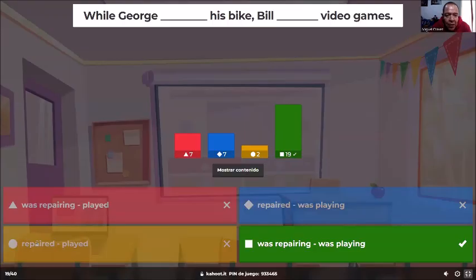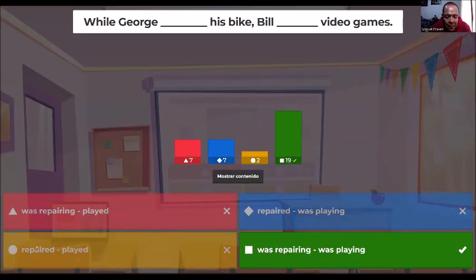Two activities are happening at the same time. While George was repairing his bike, Bill was playing video games.